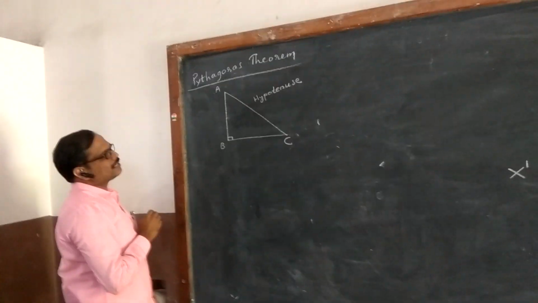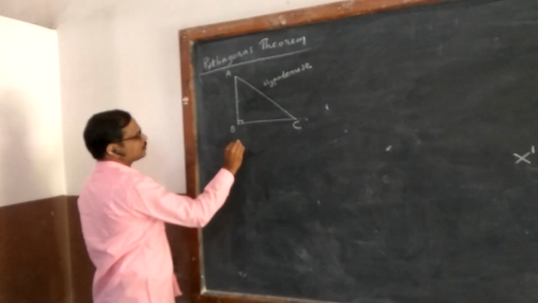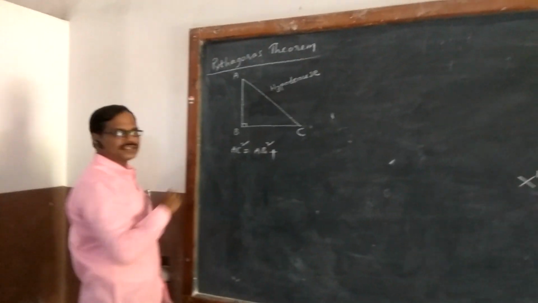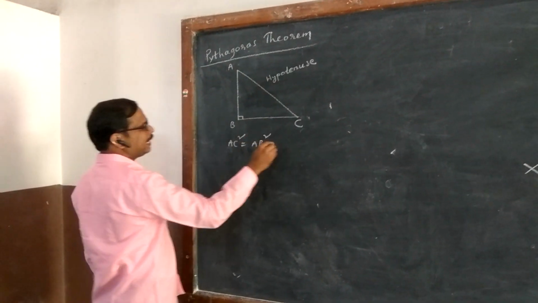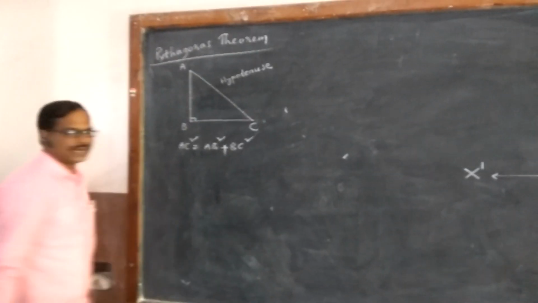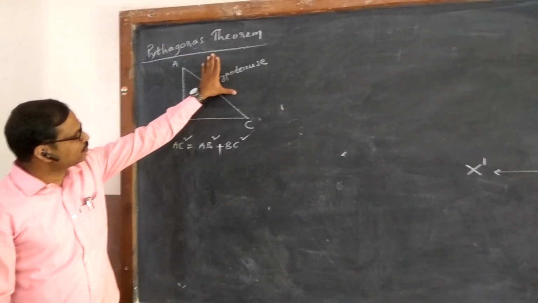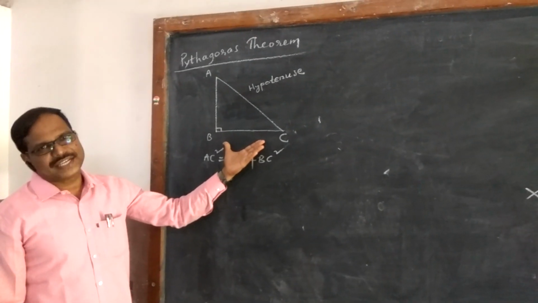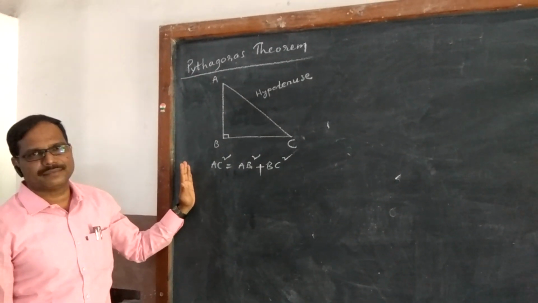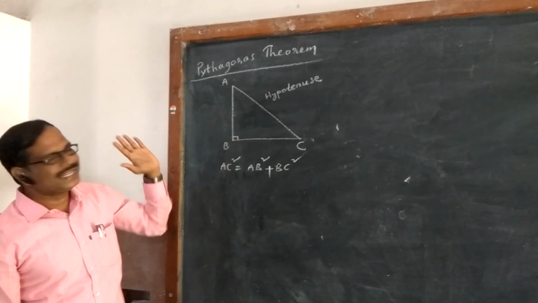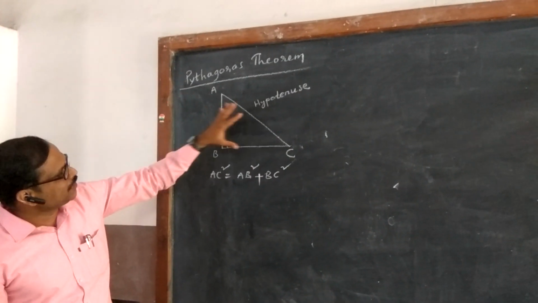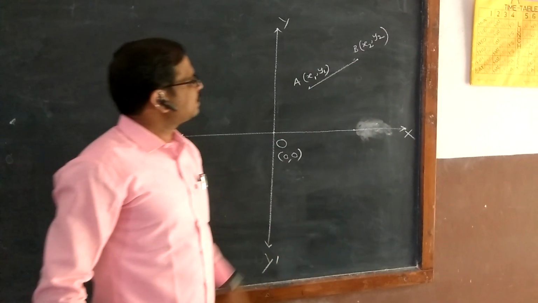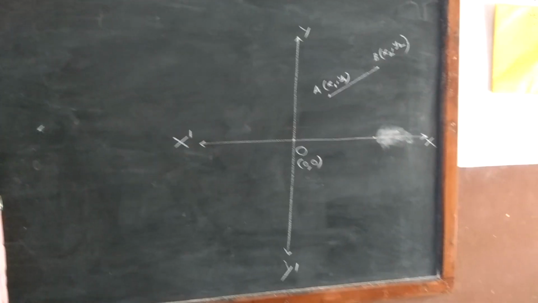As per the Pythagoras theorem, the hypotenuse square is equal to the sum of the squares of the other two sides, AB square plus BC square. Using this theorem, I am going to find the distance between 2 points in the Cartesian system.